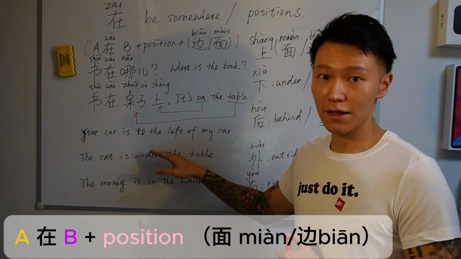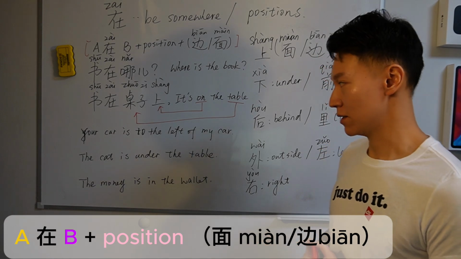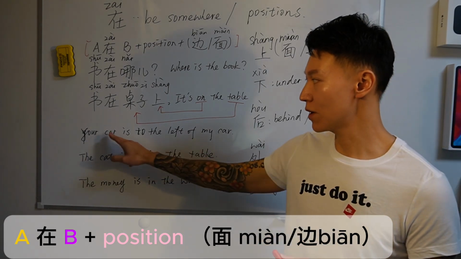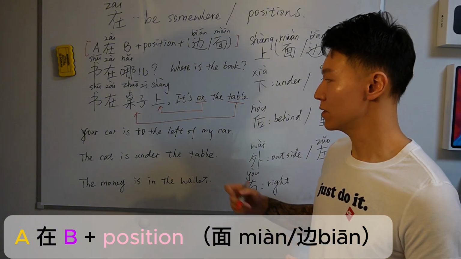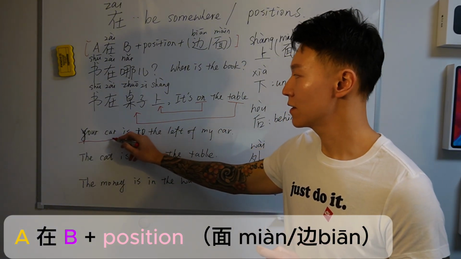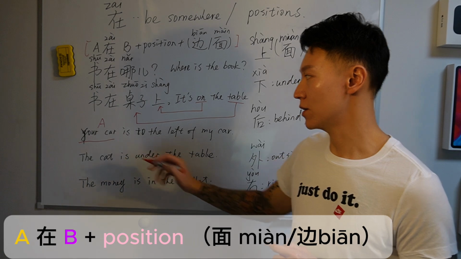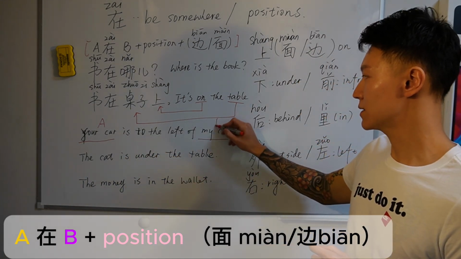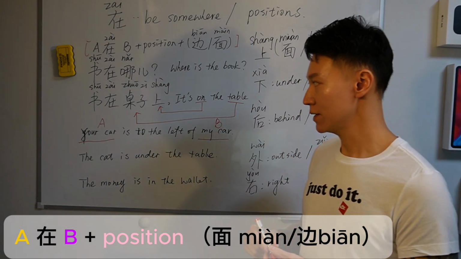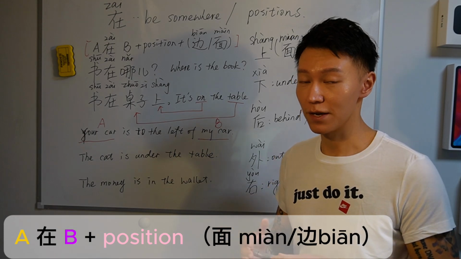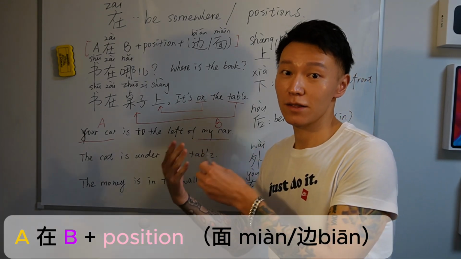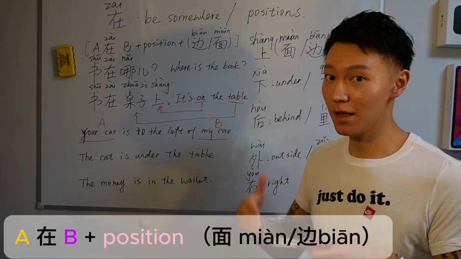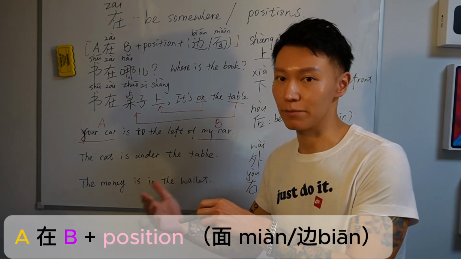Now let's look at 3 translation exercises. The first one, your car is to the left of my car. So here we have 2 things. The thing A is your car, the thing B is my car, right? So the Chinese order should be A is B, and then the position.